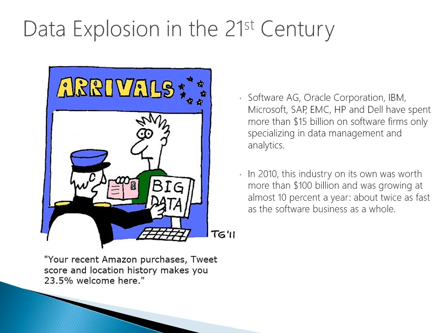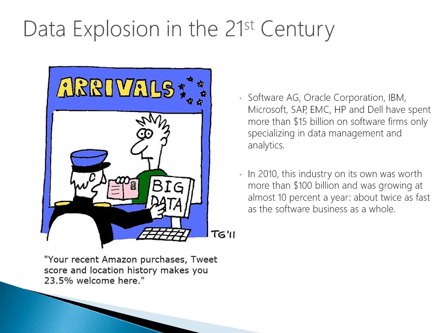In 2010, this industry on its own was worth more than $100 billion and was growing at almost 10% a year, about twice as fast as the software business as a whole. So for big data technologies, there's a lot of interest in investing in this area from the tech giants.